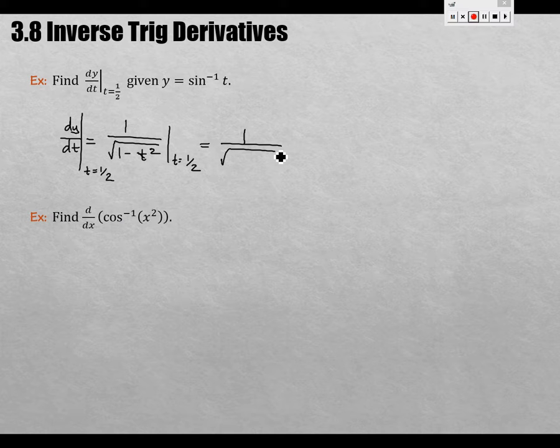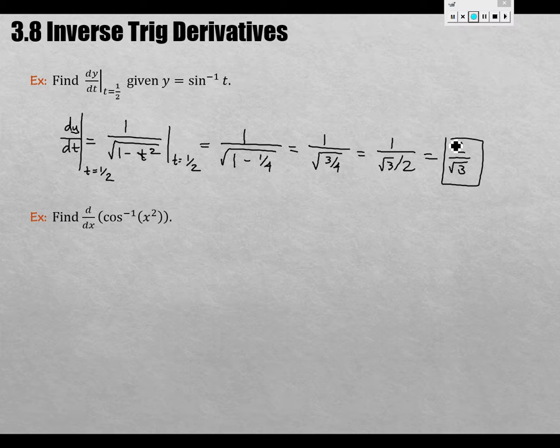What do we get? 1 over the square root of 1 minus 1/4, I guess. So that's 1 over the square root of 3/4, which is 1 over root 3 divided by 2, which is 2 over root 3. Does that work? A nice way to say that.